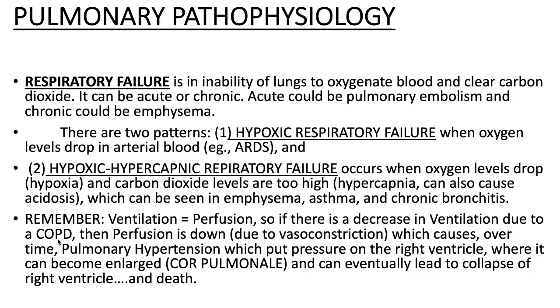And if that is not remedied, the right side is weaker than the left, and so over a period of time after the cor pulmonale, it can then result in the total collapse of the right ventricle and death.